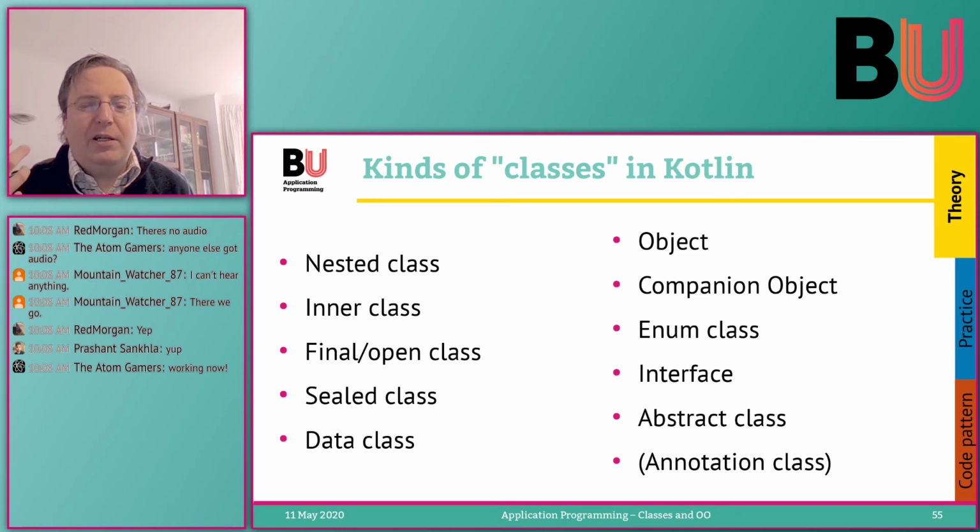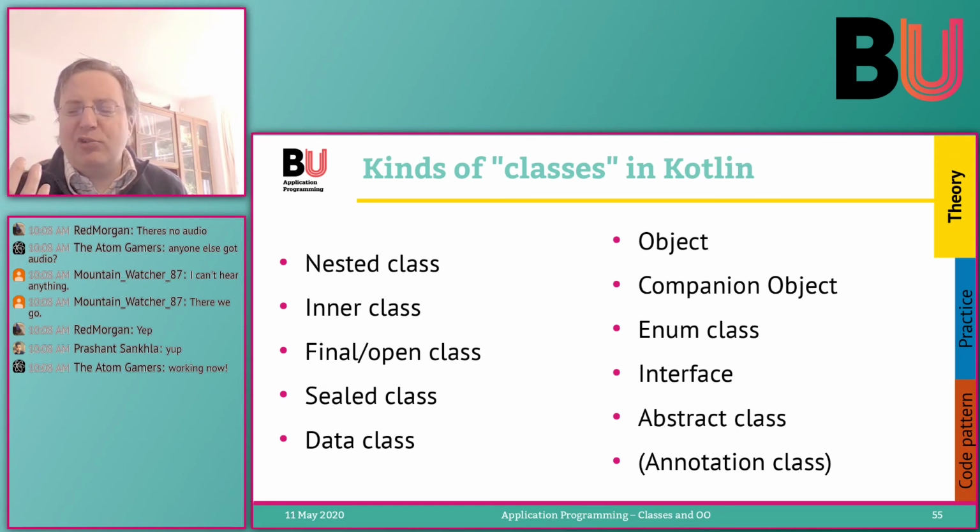Objects. Kotlin has a specific type of class that is a singleton, basically designed for singletons only. So it will create a single instance of that class. There's no constructor because it doesn't make sense. It is a type, but it also has an instance.